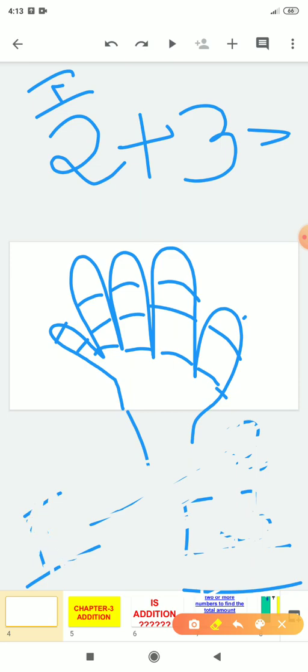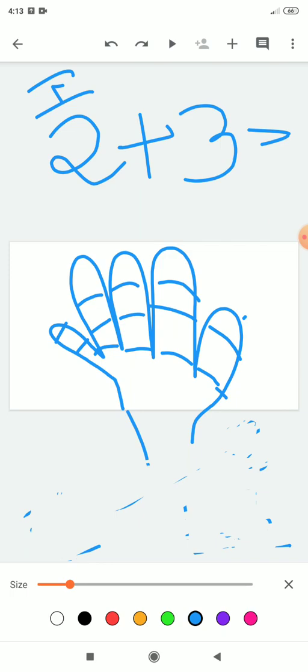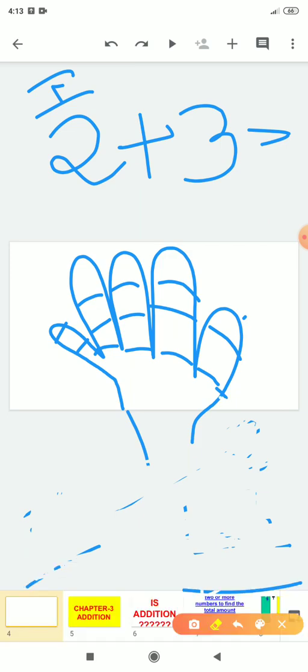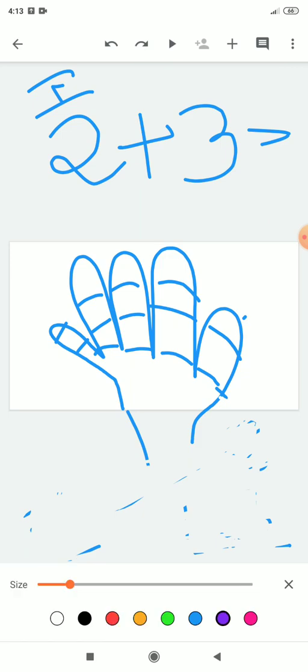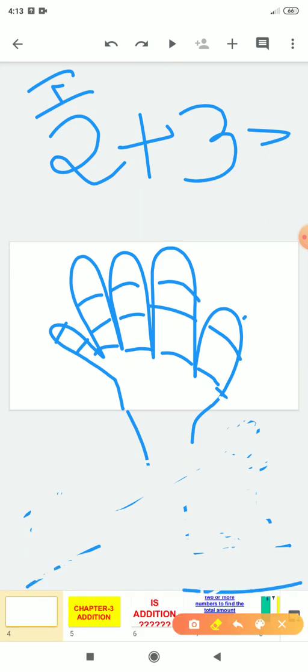Children, on the finger, suppose there is 2 plus 3 is equal to what? So here we have to add 2 and 3. So how do we start? First of all, we start from here, 1 and 2.